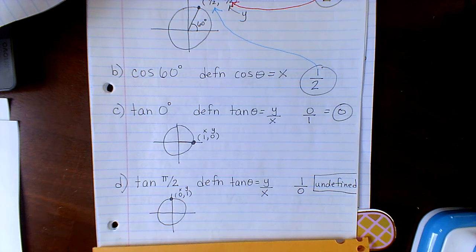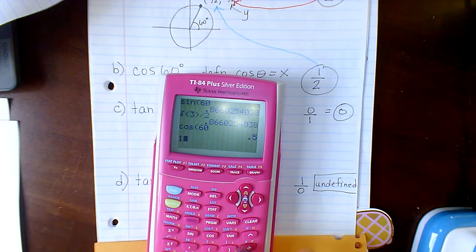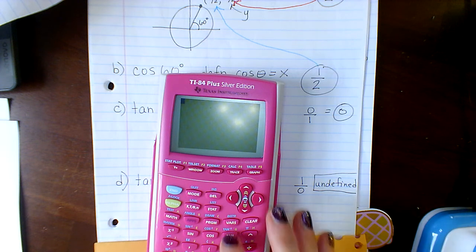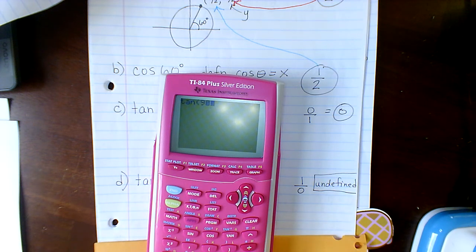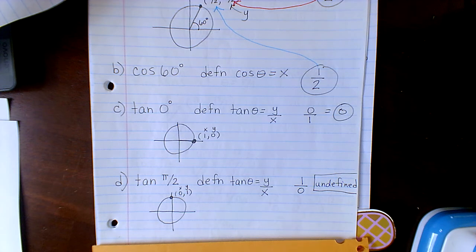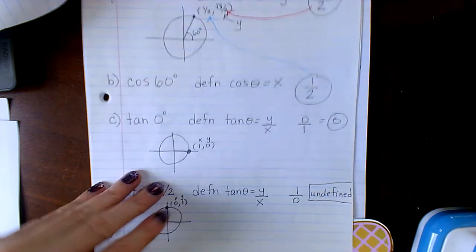Look, if you don't believe me, 1 divided by 0, it's giving me a divide by 0 error. If you wanted to do tangent of pi over 2, well, pi over 2 is 90 degrees, just because I've already got my calculator in degree mode. You get a domain error. That's because that particular value is not in the domain of the tangent function. We'll see why later on when we graph them.